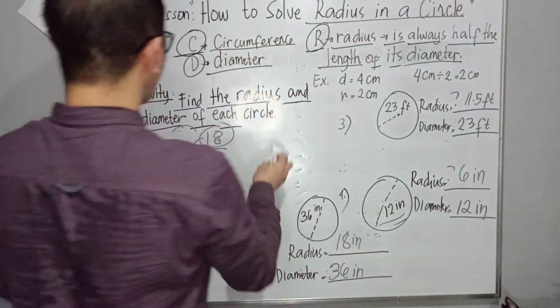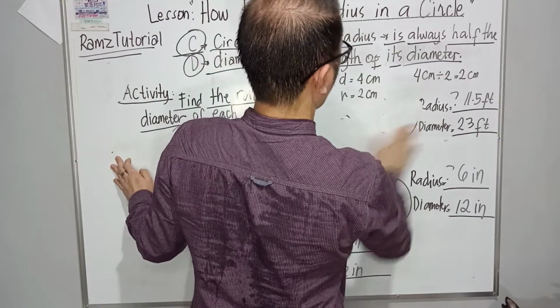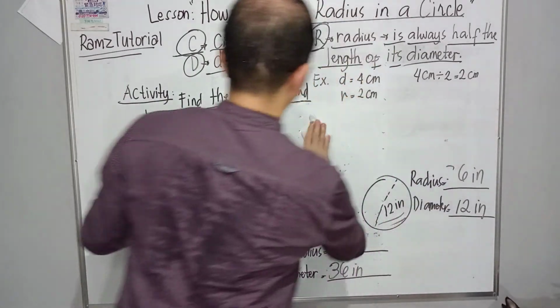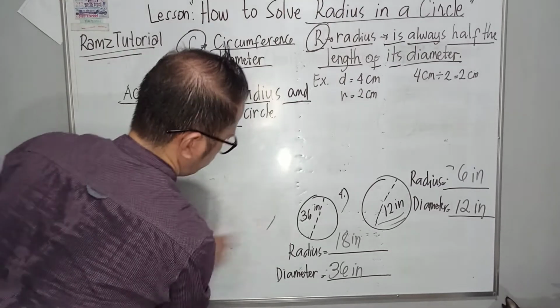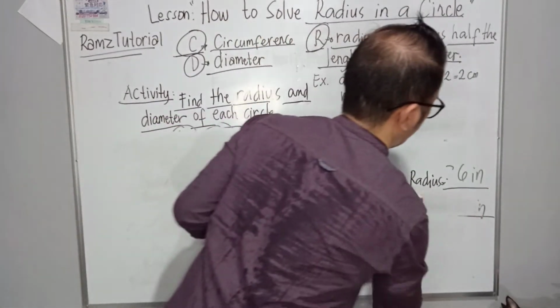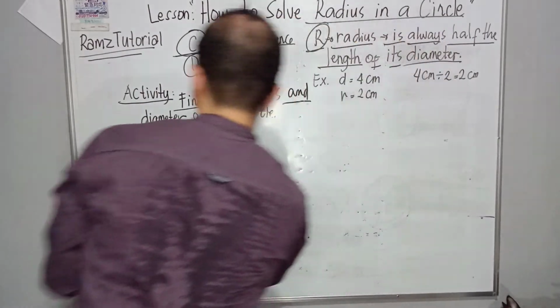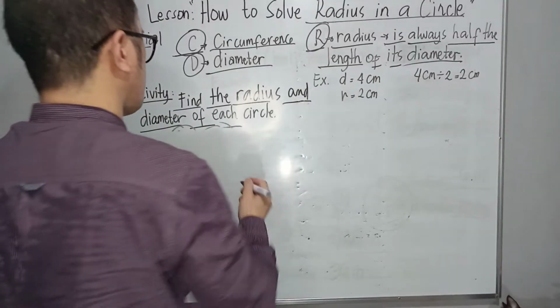Okay, we're going to proceed to the next number, class. I'm going to erase this one. Next, number 6.